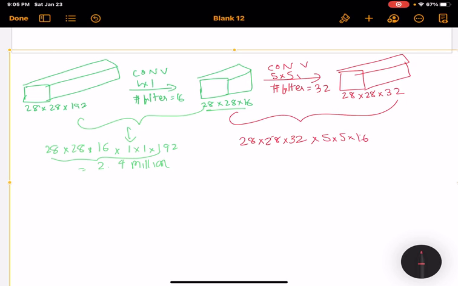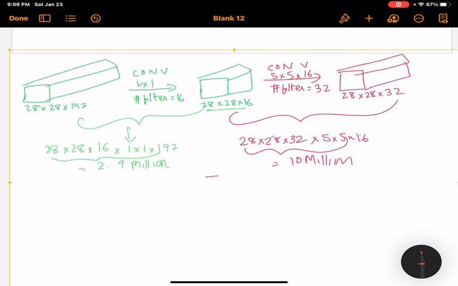Because this is 5 cross 5 cross 16. So 5 cross 5 cross 16 multiplications. When multiplied, this is equal to 10 million.